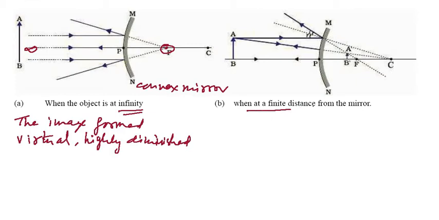And here, when the object is at a definite distance from the mirror, that one is the convex mirror. यहाँ पर जो है ये फोकस एंड सेंटर ऑफ कर्वेचर के मिड में बनेगा इमेज.